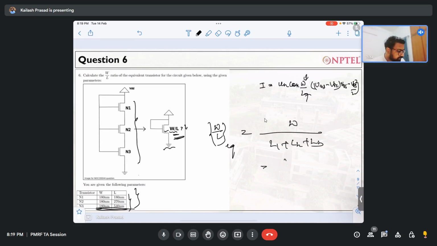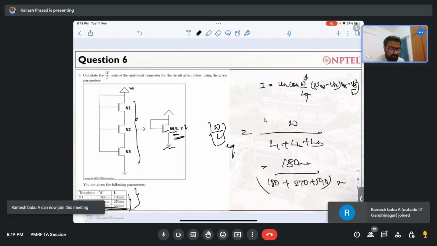So it will be 180 nanometer divided by 180 plus 270 plus 540 nanometer.